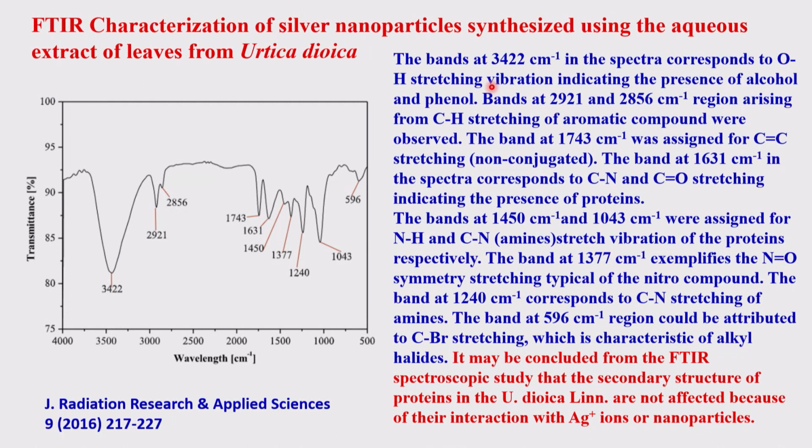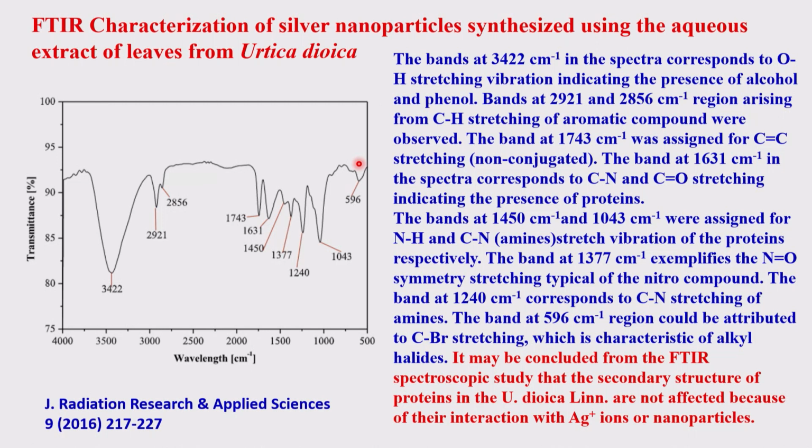For example, now we will look at nano systems, and one given in this particular slide, I draw your attention to this, is silver nanoparticles, which are synthesized from an aqueous medium containing the extract of the leaves of Urtica dioica.